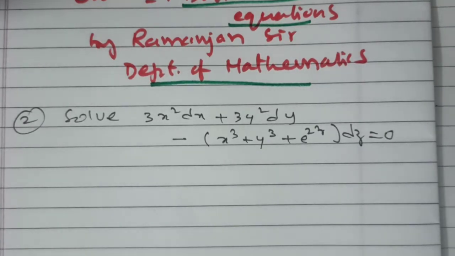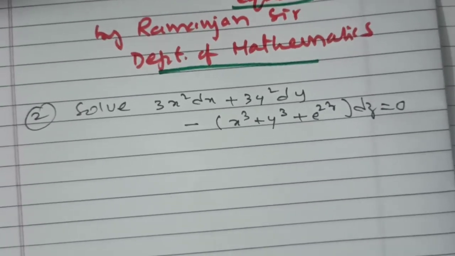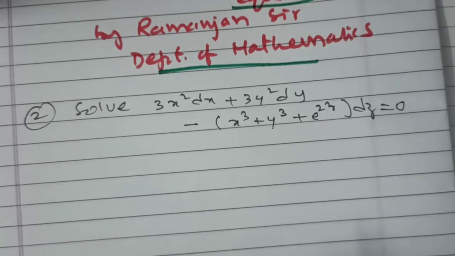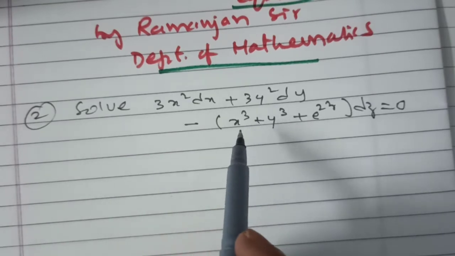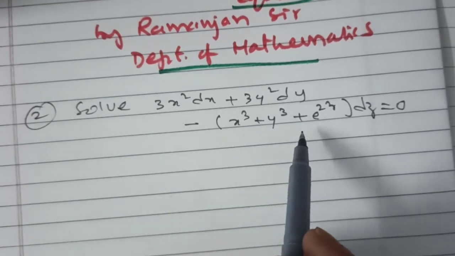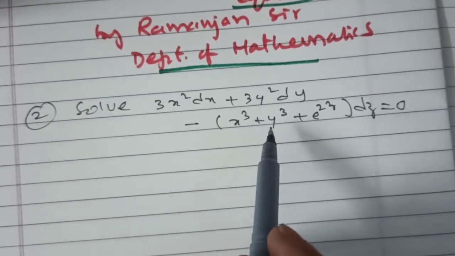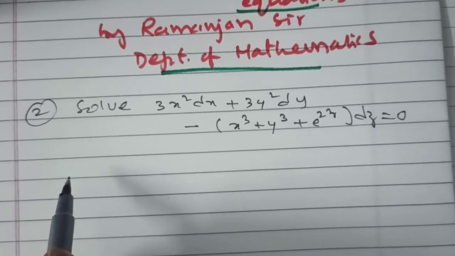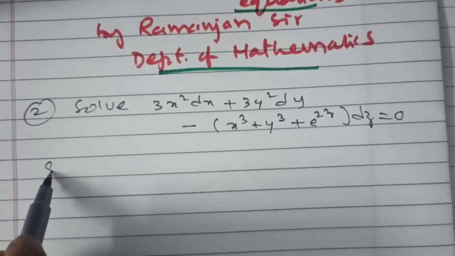It is not possible to find the solution by method 1, because these two terms can be easily integrated, but the third term cannot be integrated however we arrange the terms.